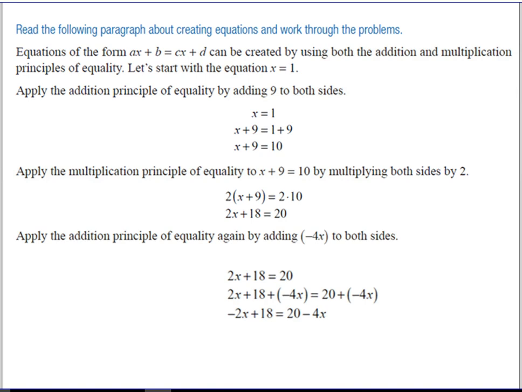If we use the multiplication principle by multiplying both sides by 2, notice now we have that distributive property to multiply the x plus 9 times 2, and we will get a result of 2x plus 18 equals 20. And then we can go back to the addition principle and add -4x to both sides. And when we do that and then combine like terms on the left, we get -2x plus 18 equals 20 minus 4x.